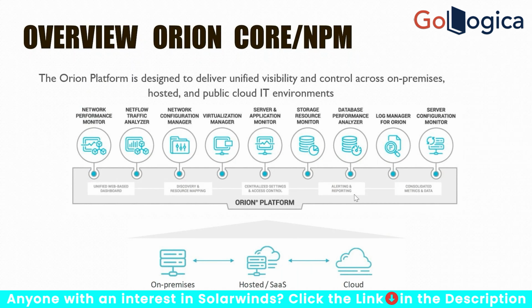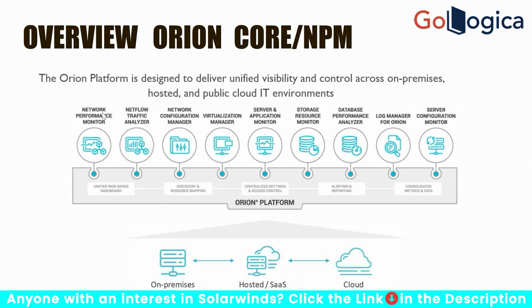To monitor all these, we need some kind of monitoring solution, right? SolarWinds has come up with different modules to monitor all these layers of IT infrastructure. For Network Performance Monitor, which is the core module, we add the IP address of a router, switch, or server into NPM.